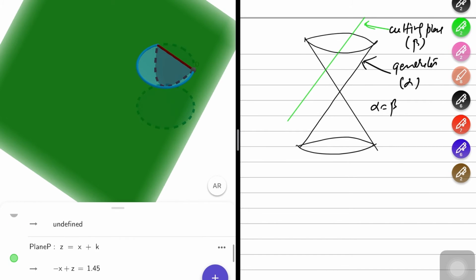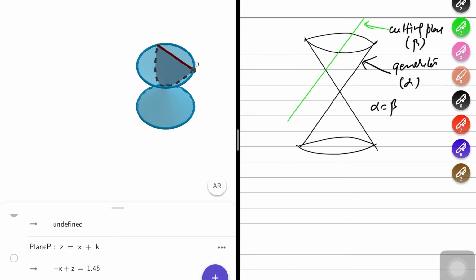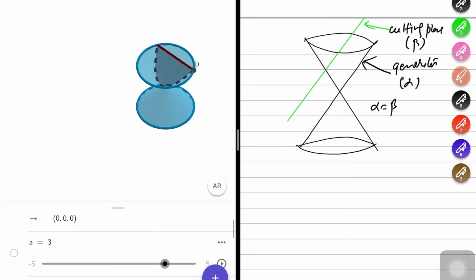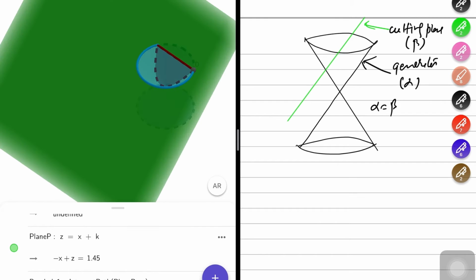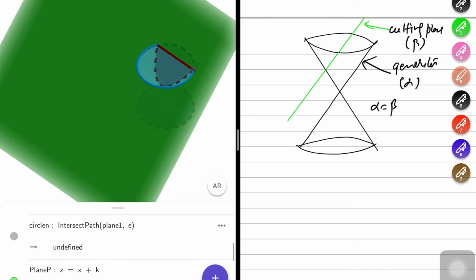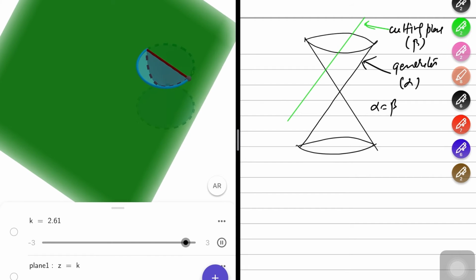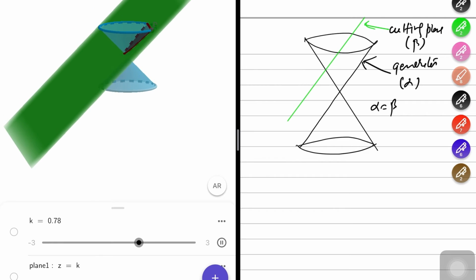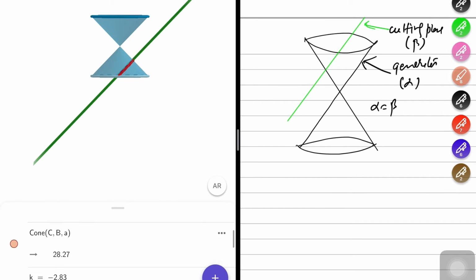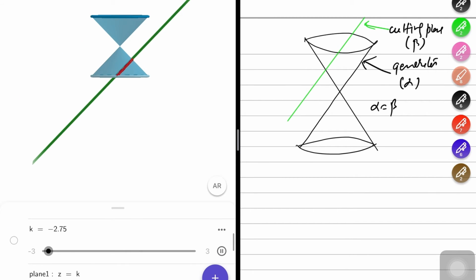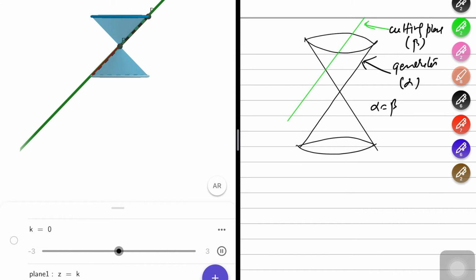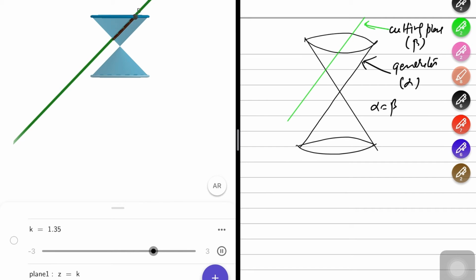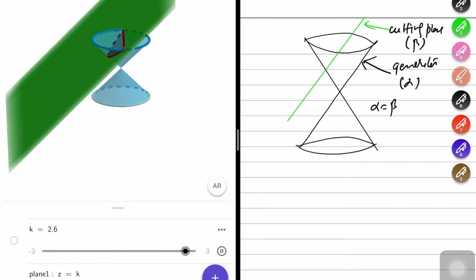Even if I remove the plane, or if I remove the cone also, we can see this is a parabola and the cutting plane. Let's move the position of the plane with respect to the cone, and we still get a parabola.